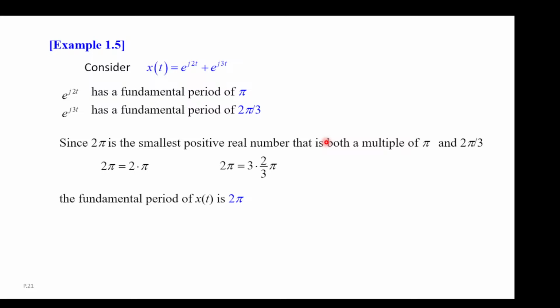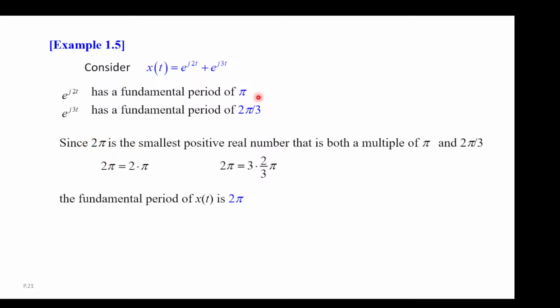If we want to find the fundamental period of this whole signal, then we want it to be a multiple of both the first part of the signal and the second part of the signal. We want the smallest possible multiple of both of these, and that is actually 2 pi.